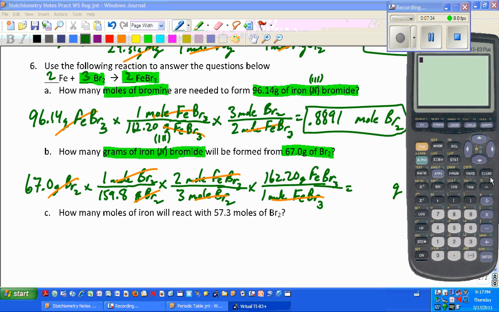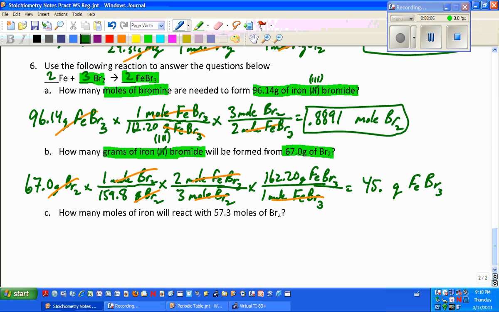So I've got 67.0 times 1 times 2 times 162.20 divided by 159.8, enter, divided by 3, enter, and 3 sig figs, so it's 45.3 grams. 45.3 grams iron 3 bromide.